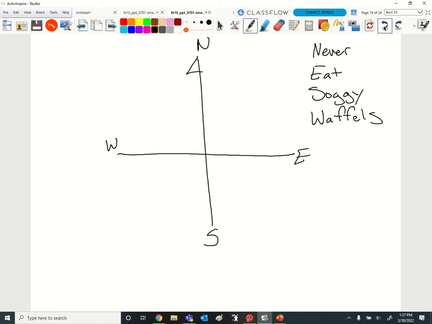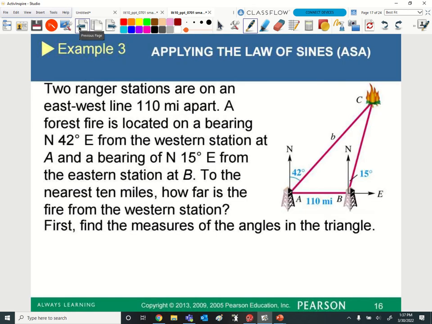So the first thing, what was that first value that they gave us? 42 degrees. It says right here, bearing north, 42 degrees east.